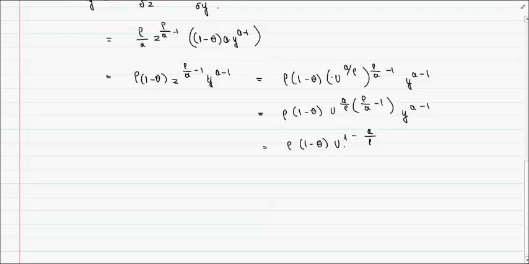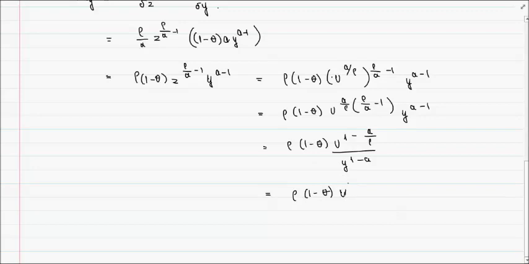And I want to move y to the denominator, so that will just become y to the power 1 minus a, just like before. Okay, so I got rho 1 minus theta u, if I use a common denominator over here, which is rho minus a, everything divided by rho. So sorry, that's the power, so I should make it clear.